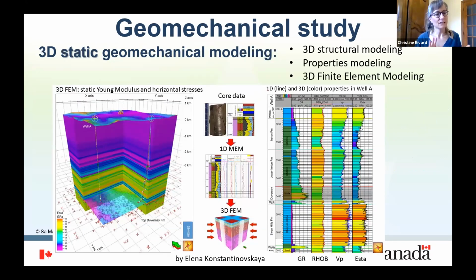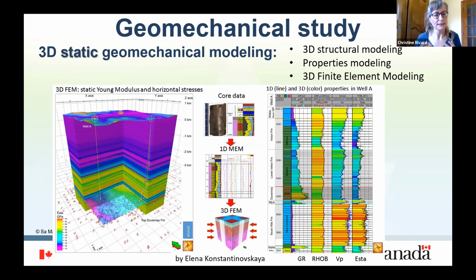A 3D static geomechanical model was developed in Petrel. It was completed in 3 steps. So in a nutshell, 3D structural modeling, which consists in building the structural model for the entire sedimentary succession based on the results of the 3D seismic interpretation.